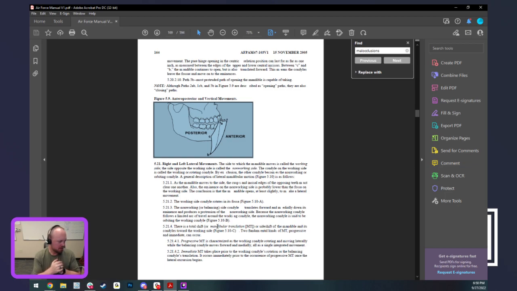Progressive MT, or mandibular translation, is characterized as the working condyle rotating and moving laterally while the balancing condyle moves forward. So that just means torquing, basically.